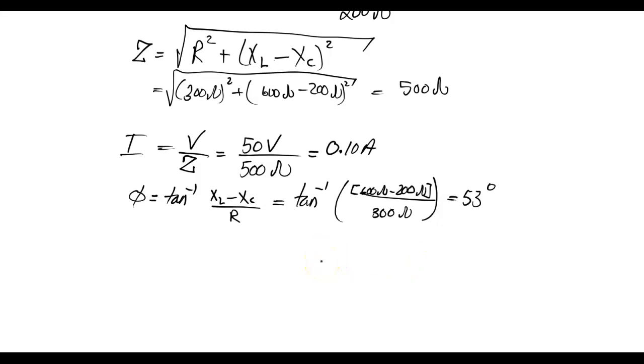And if we wanted to find the voltages now across each circuit element, V sub R would be IR, which is 0.10 amp times 300 ohms, or 30 volts.